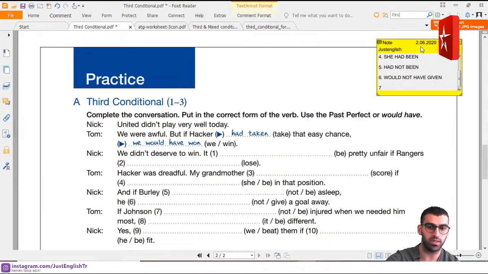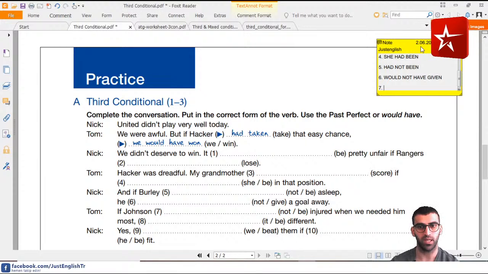So let's continue the rest of the conversation here. Number 7, if Johnson injured when we needed him most, different. All right. So if Johnson, what?